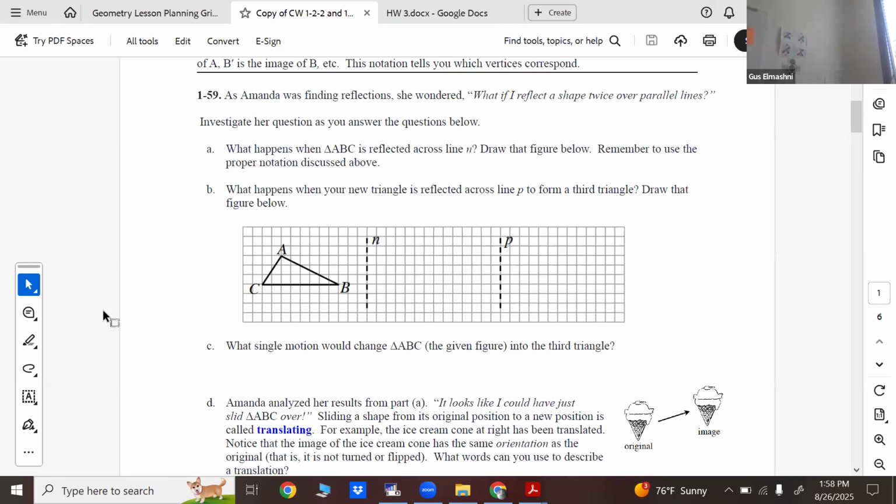So when you do the first one, label it as A prime, B prime, C prime. The second one, you label A double prime, B double prime, C double prime. So you're going to draw two more triangles, but you want to flip it accordingly. And make sure you maintain the same distance.